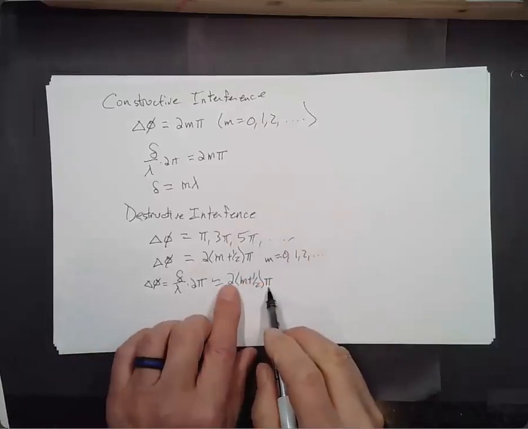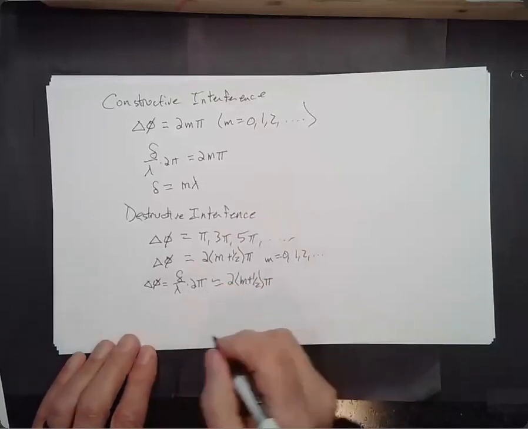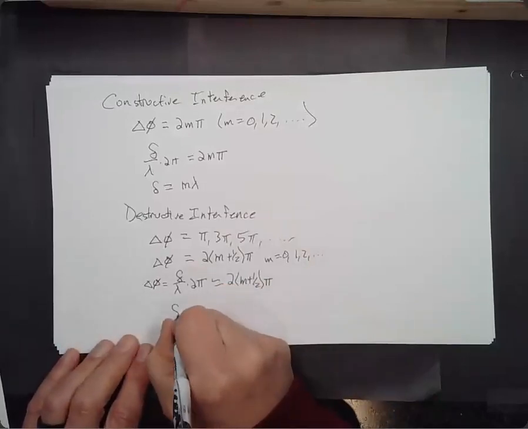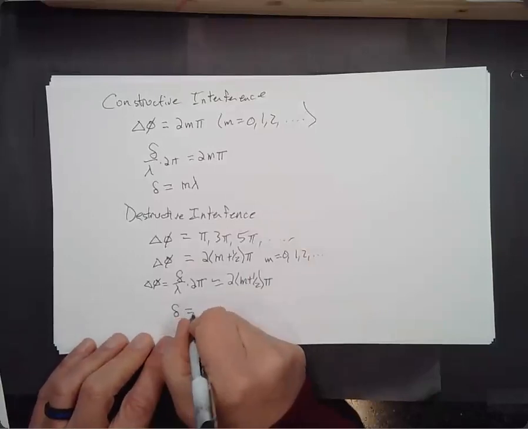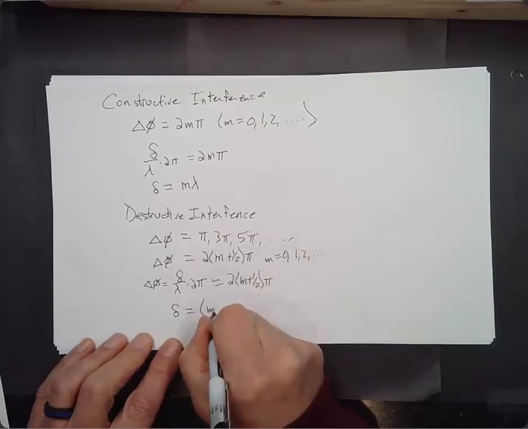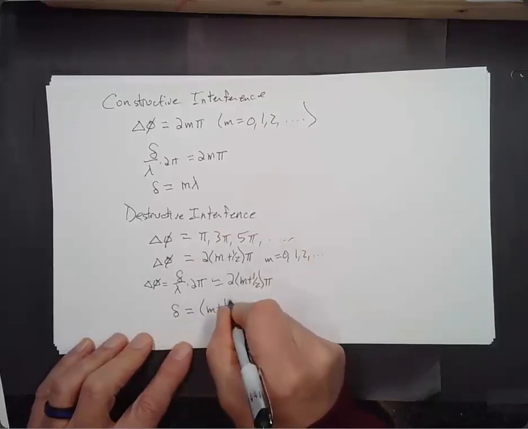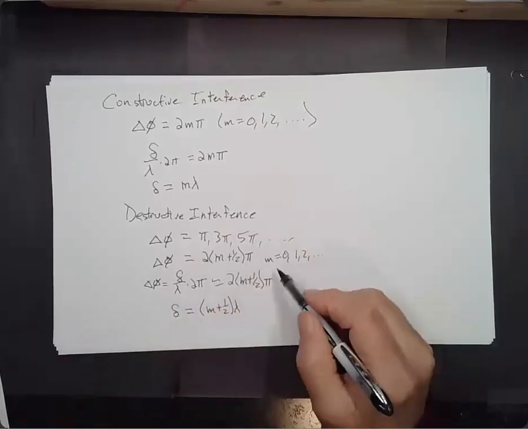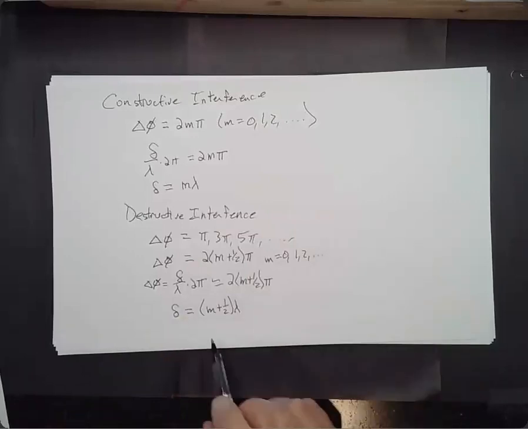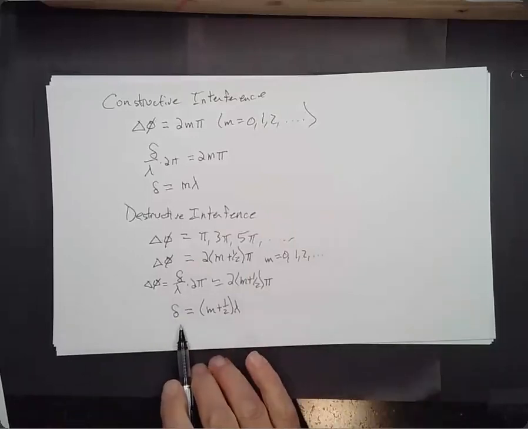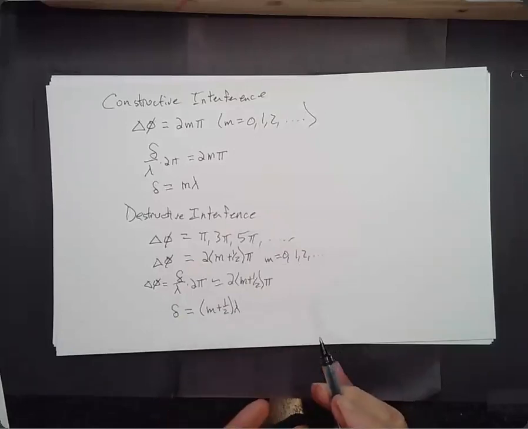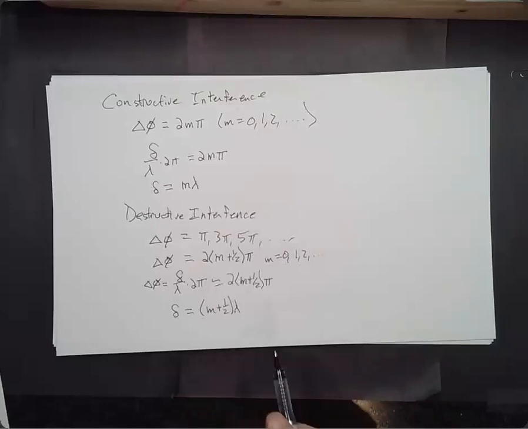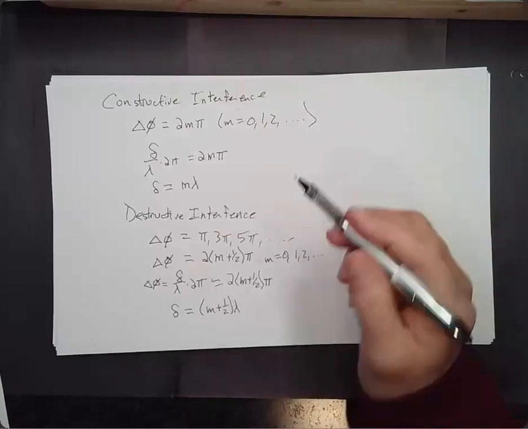Well, I've got a 2 pi here and I've got a 2 pi there. What it means is that the path length difference itself, if you do a little bit of algebra on here, will equal m plus a half times lambda. And again, m is 0, 1, 2. You get destructive interference if the path length difference is half a wavelength, 3/2 of a wavelength, 5/2 of a wavelength. And that's what can cause destructive interference.